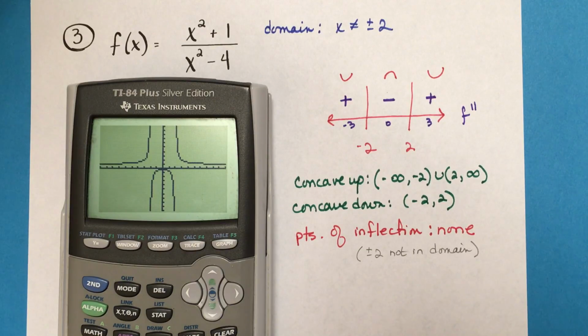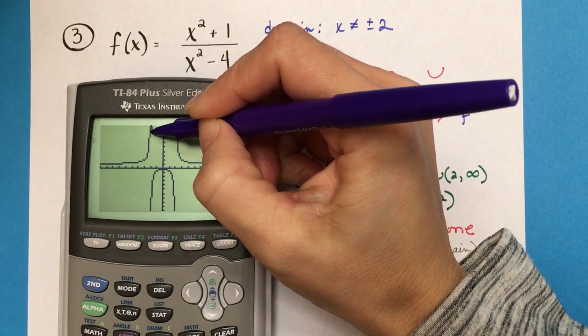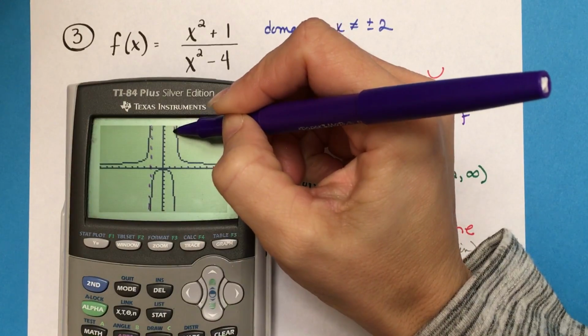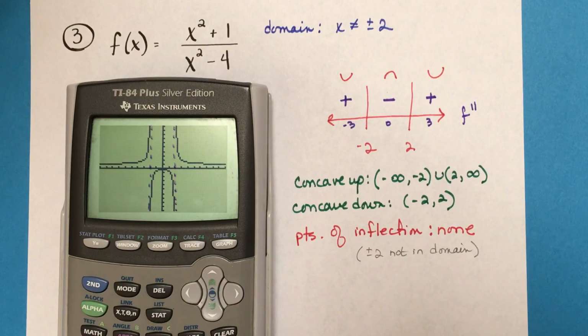So we've left 2 and negative 2 out, but if you will notice what's going on, at negative 2 and also at positive 2 is where you actually have vertical asymptotes. Okay, so your concavity can change on either side of a vertical asymptote, but it's changing at an asymptote and not at a point. Therefore, that's why there's not a point of inflection.